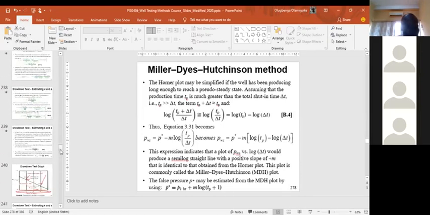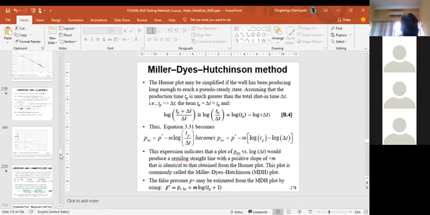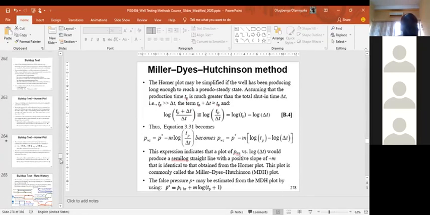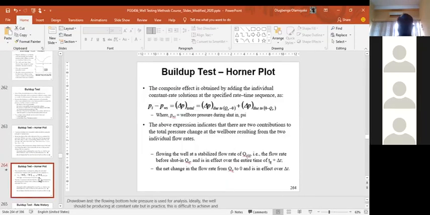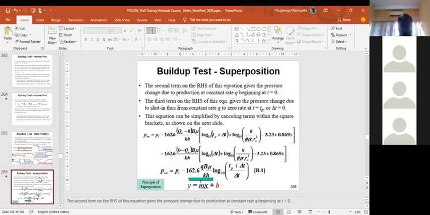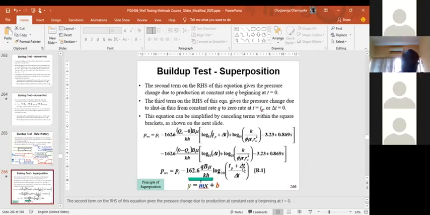Let me flash the Horner time again. Remember that as your shut-in time increases, your Horner time reduces. And that's why, as Cruz rightly mentioned, the scale goes from the highest to the lowest for the Horner time.